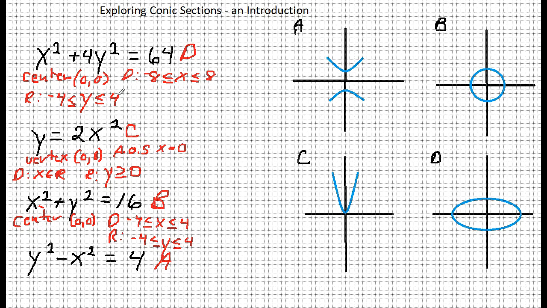Now, if you notice something, take a look at the difference between our circle and the ellipse. Circle, no matter what way you draw, you've got lines of symmetry if you go through the center. But with the ellipse, we only have a vertical line of symmetry and a horizontal line of symmetry.